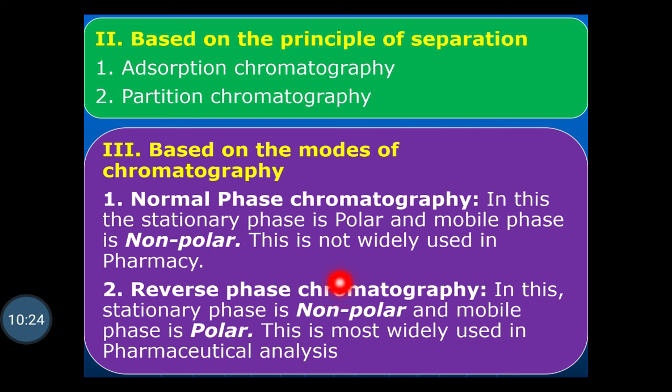So depending upon the polarity of the stationary phase and the mobile phase, the separation of the components takes place, and the modes of chromatography are normal phase chromatography and reverse phase chromatography.